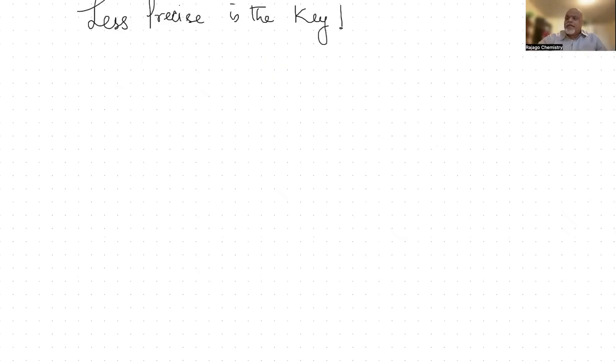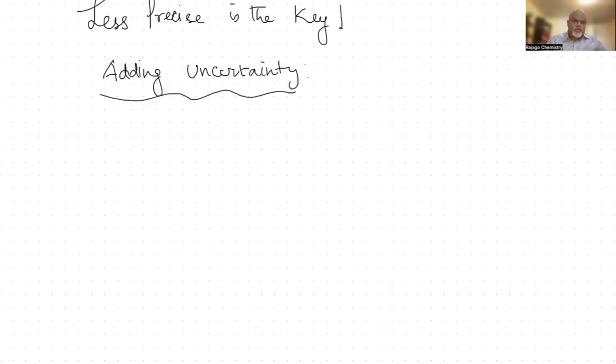Now, when you want to add uncertainty, there is an uncertainty that exists. It's very simple. Let's say one of the problems says you are measuring 2.3 ml and we are uncertain up to 0.1 ml.